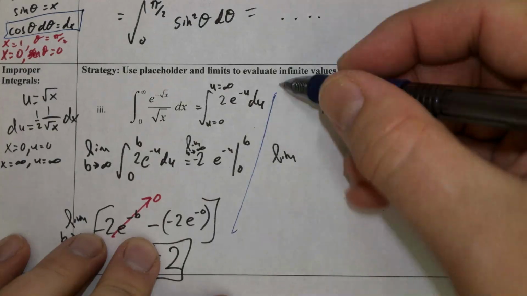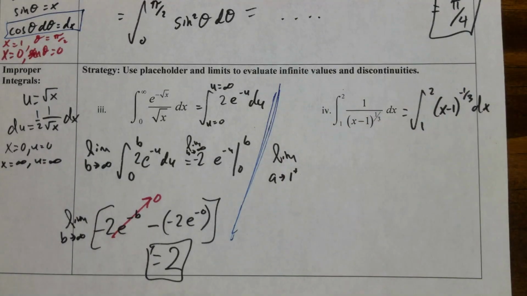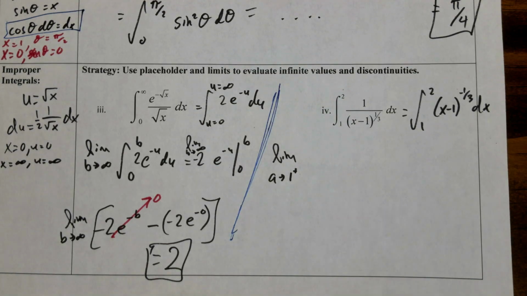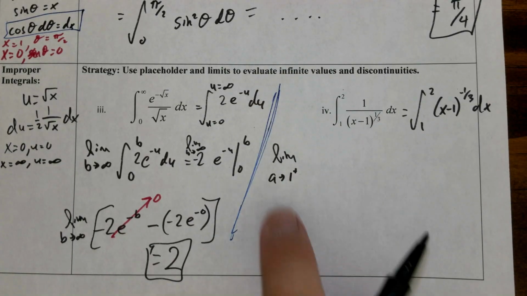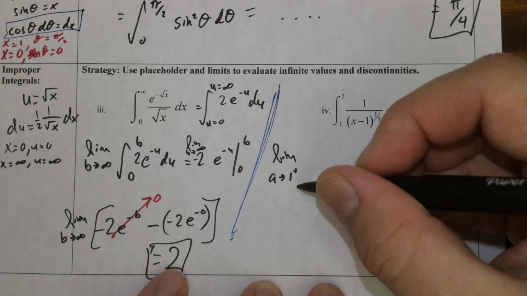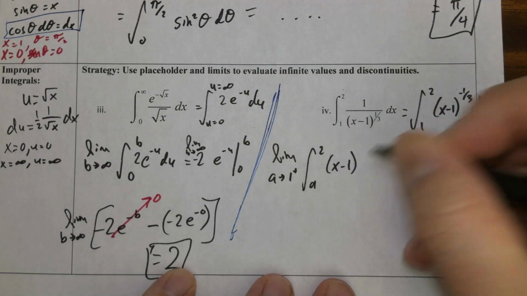In this case, it's going to be a limit for a as a approaches 1 from the right side, and I'm choosing the right side because I'm going from 1 to 2. This thing exists on either side of 1, but we want the positive side to approach 2, and I will make my bounds and keep this the same.